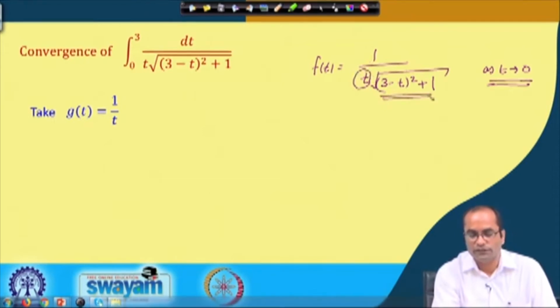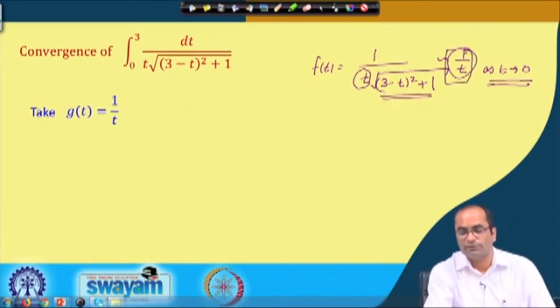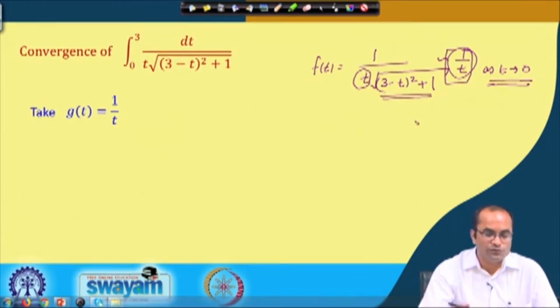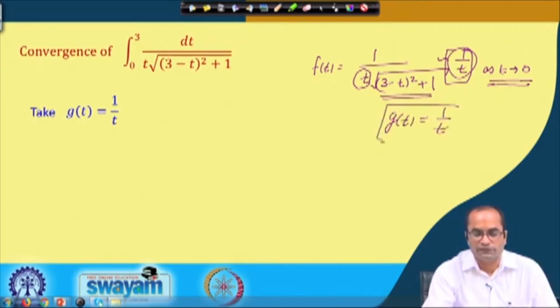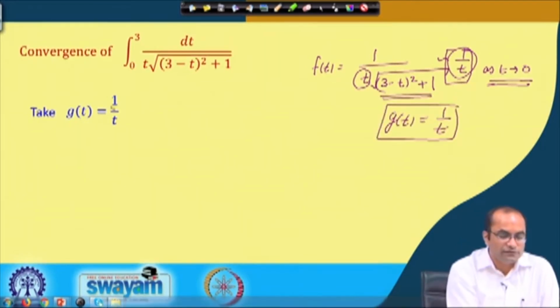There is absolutely no issue with the square root, which is bounded when t approaches 0. The function is becoming unbounded because of this 1 over t, so the behavior as t approaches 0 is set by 1 over t. We therefore choose g(t) as 1 over t. That is the reason we have taken this function 1 over t.